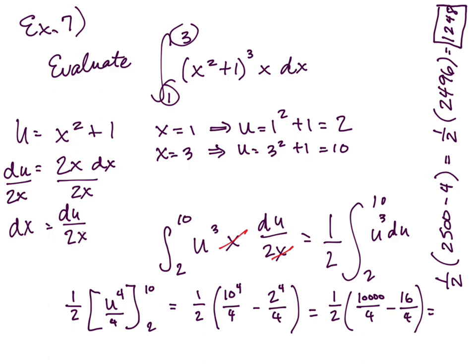Your much better option is to leave the x's behind, change worlds, and operate under the new u limits. If you don't, bad things happen. One, you miss it because you forgot to change your limits. Two, you have to go back to x and operate under that world, and that gets very complicated.